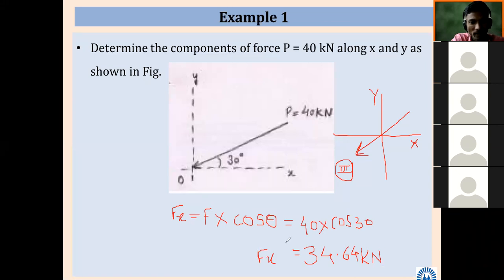So to show the direction, there are two options. Number one, either you can show a plus or minus sign, or you can show an arrow. Either one, not both at a time. As this force is going towards negative x-axis, here you can show minus 34.64, or you can show in bracket an arrow, something like this.